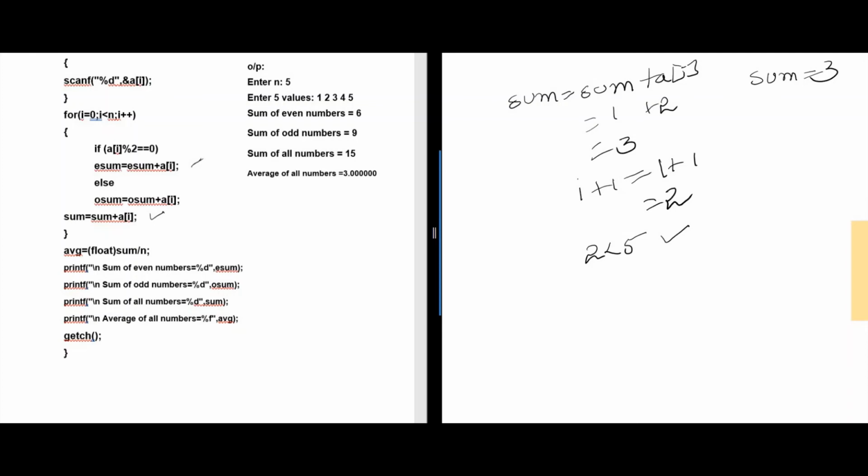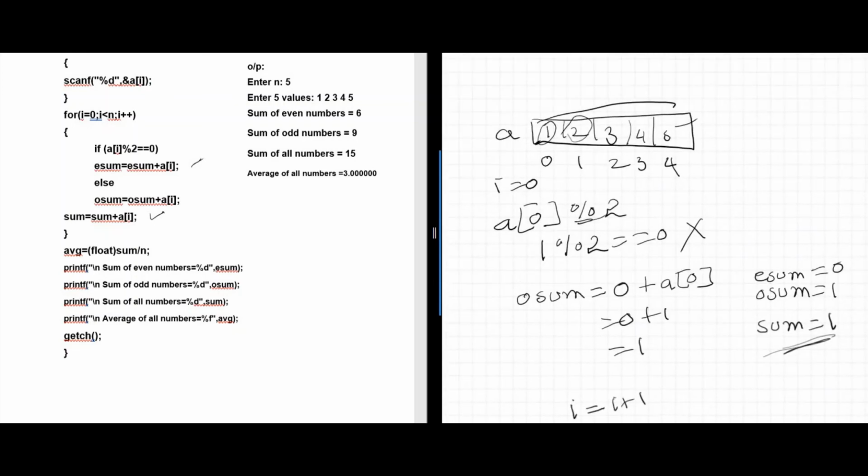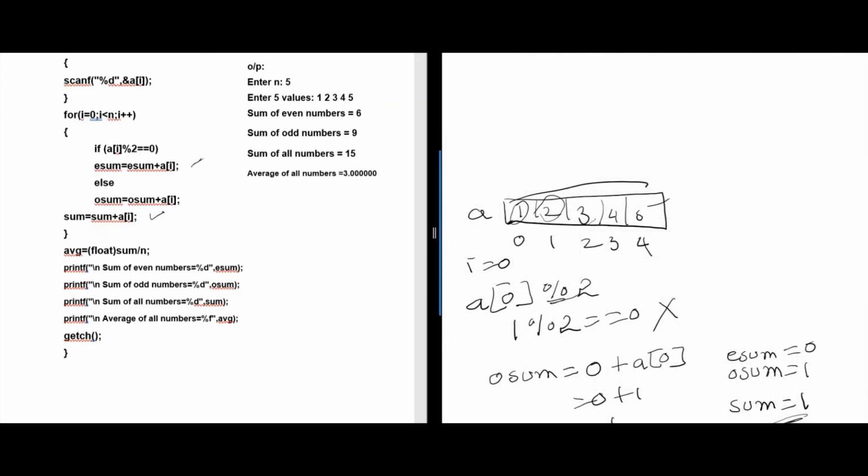Again it is going to check if a of i modulo 2 is equal to 0. Now a of 2 modulo 2, is it equal to 0? What is our a of 2? Let's see. a of 2 is 3.